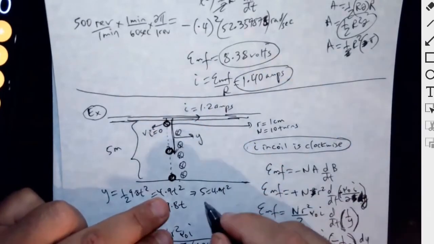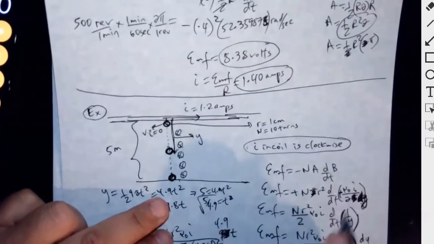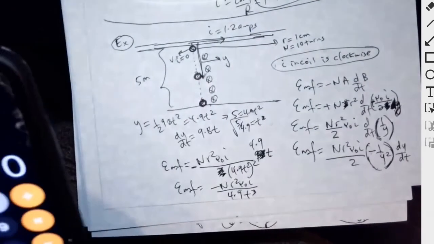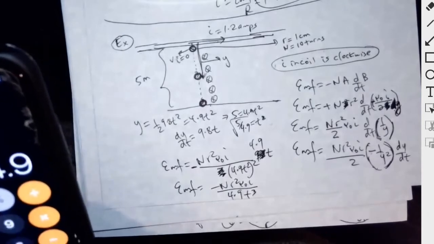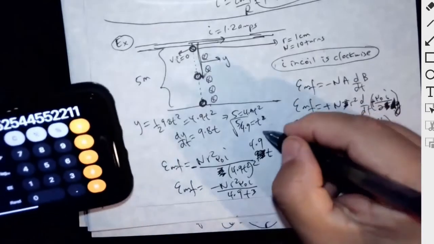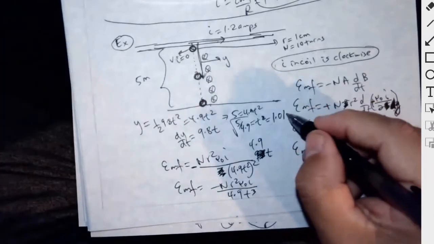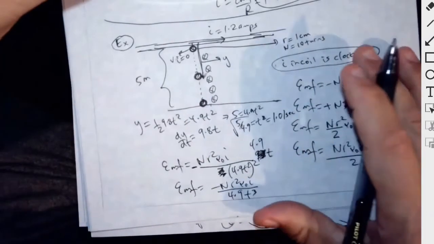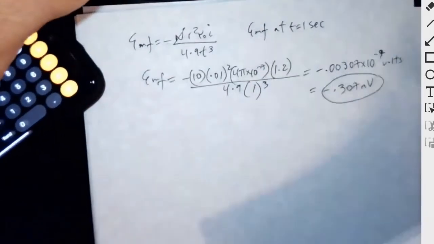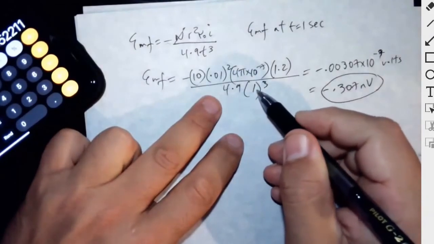Oh, okay, it's almost 1 second anyway. t is the square root of 5 over 4.9, which is 1.01 second. So it's almost 1. So of course, all that changes is that we put 1.01 here instead of 1.